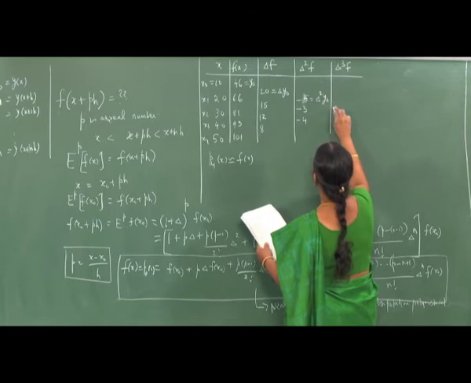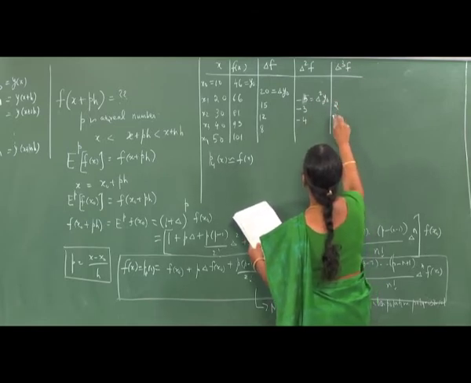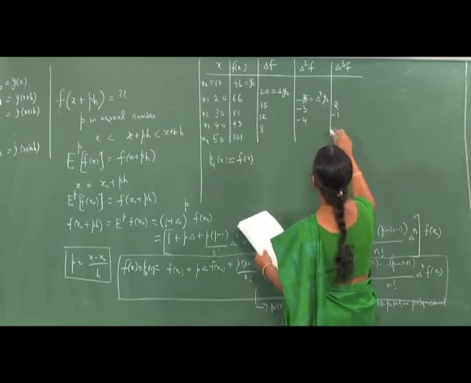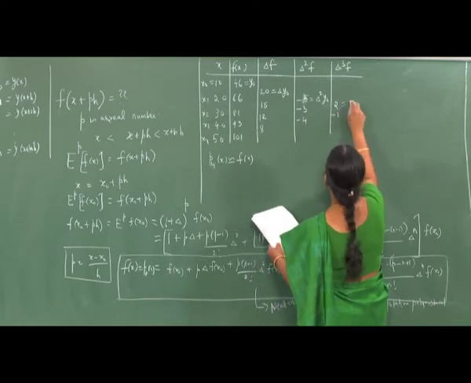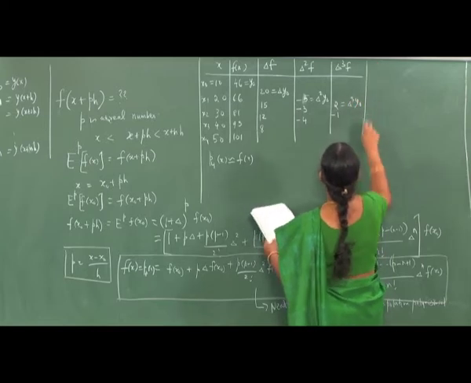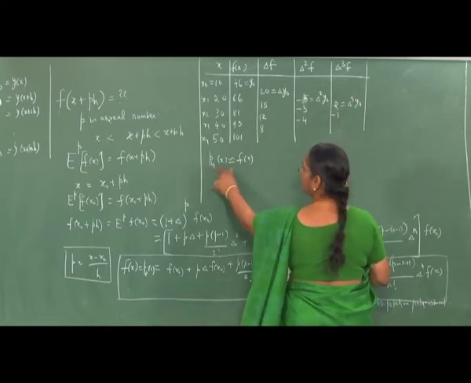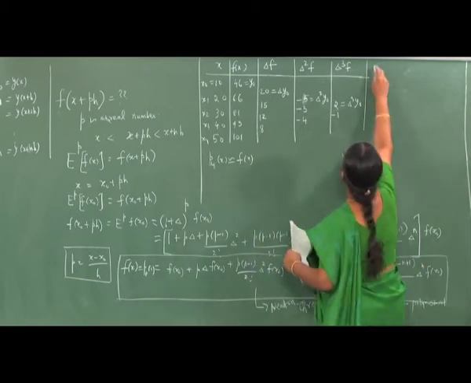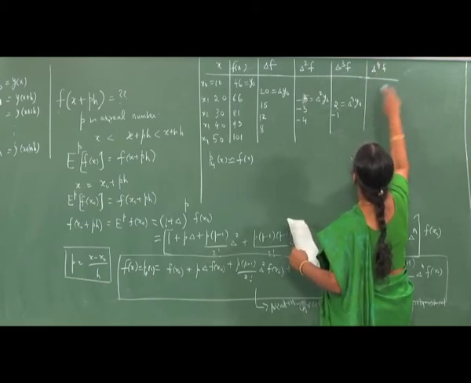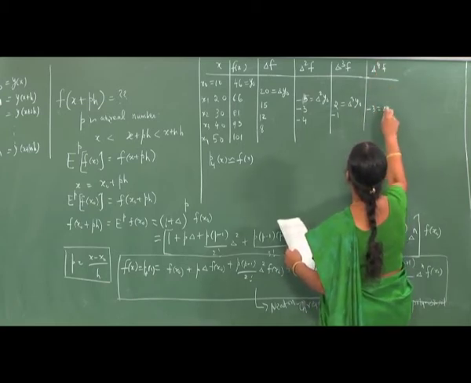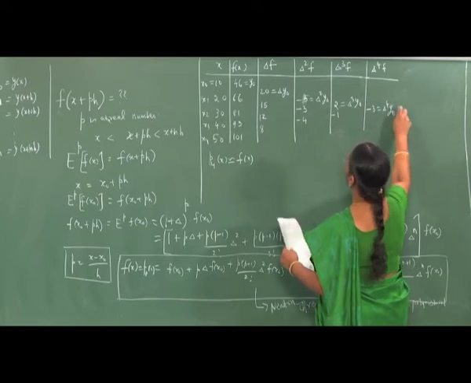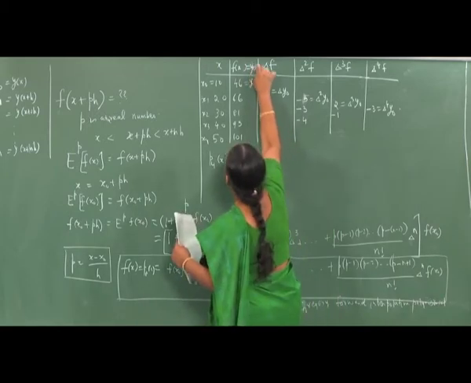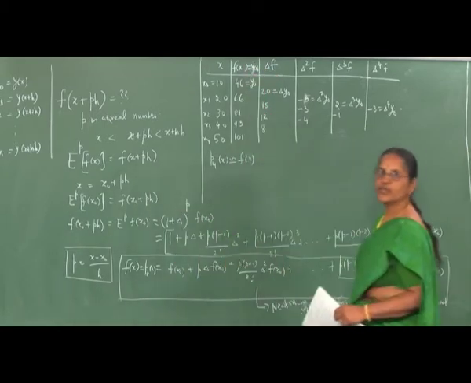Then del cubed f will be minus 3 minus 5, minus 4 plus 3, and so on, and this will be our del cubed y naught. This is a fourth degree polynomial that we want to determine, so the fourth order difference is constant, and that gives you minus 1 minus 2, that is del power 4 y naught. I have used y of x to denote that function.